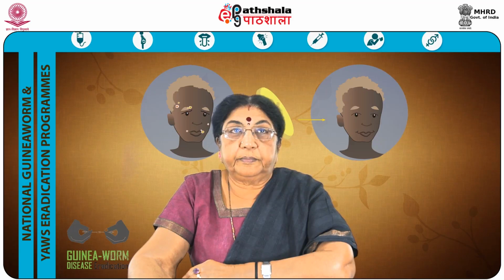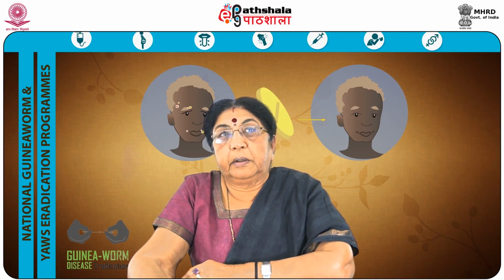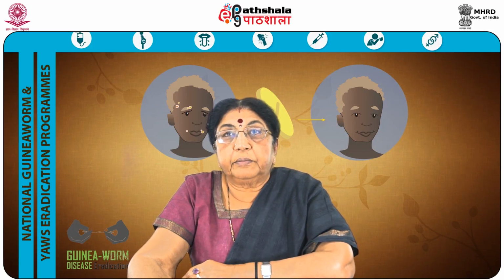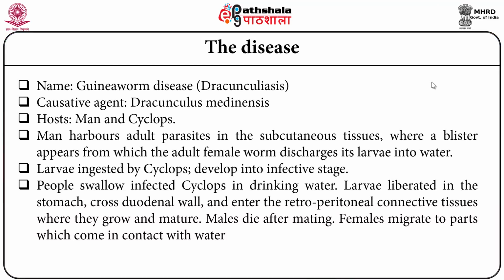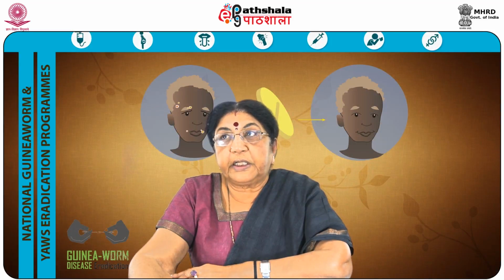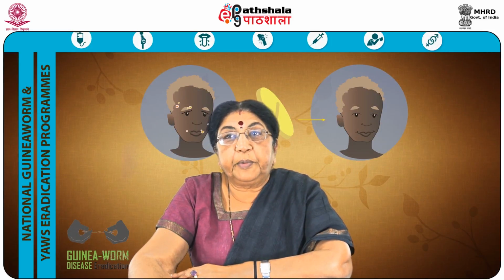Man harbors the larvae, and the larvae is ingested by the cyclops. They develop into the infected stage, and people come to fetch the water and carry away this infected water for their drinking purposes. Once that water is drunk, the larvae is liberated in the stomach.